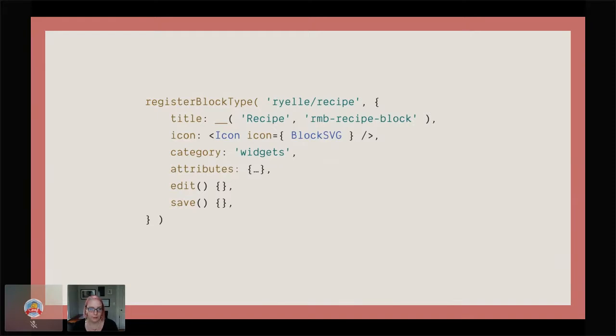Here, this is an example recipe block that I wrote, and so I prefixed it with Rael. It needs to be unique, otherwise it won't register correctly. But that's really all you need to know about that. The next part is the big part of blocks. This is the configuration object where all of the information about your block needs to live. It describes the block you're writing, things like title and icon. Category tells it where to put the block in the inserter.